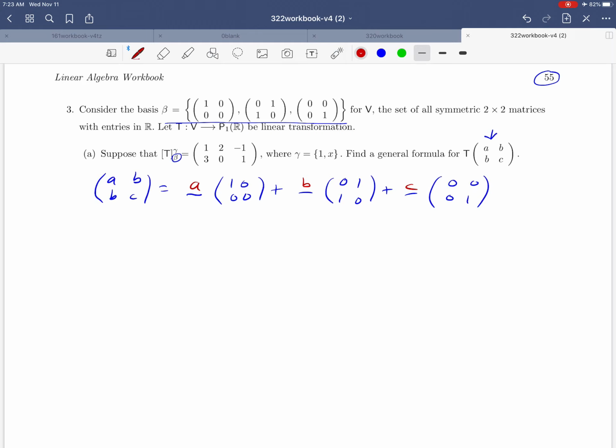So the vector [a, b, c] represents the coordinates of our input. What we can now say with confidence is that if we take the matrix they gave us, [1 2 -1; 3 0 1], and multiply it by that coordinate vector [a, b, c], and remember, that's representing the beta coordinates of our input, what should come out over here are the coordinates of the output, T of [a b; b c], relative to the other basis.